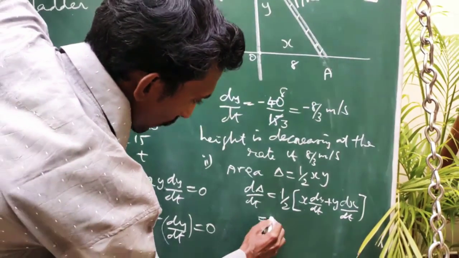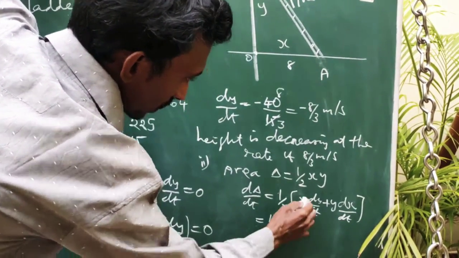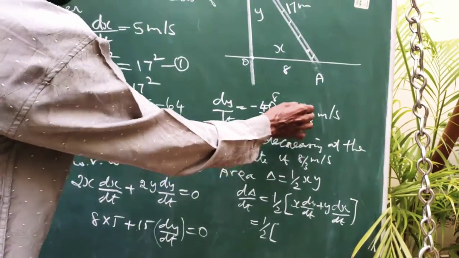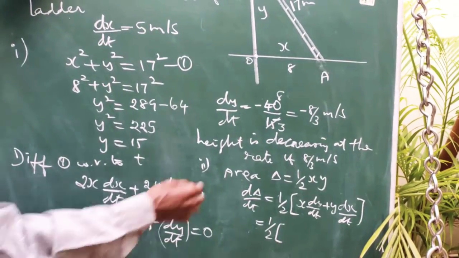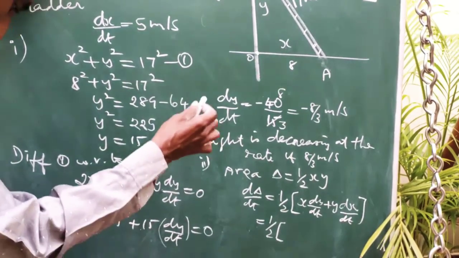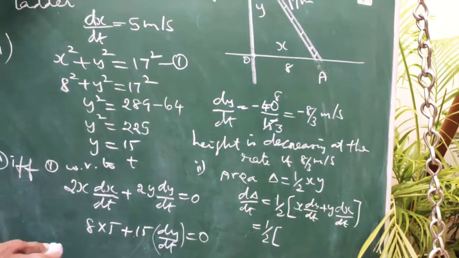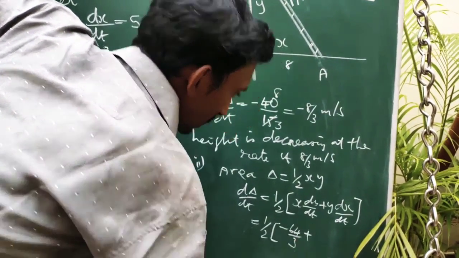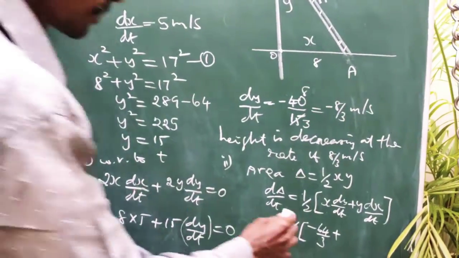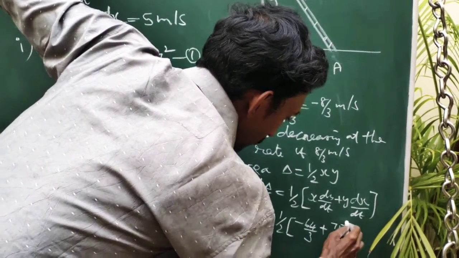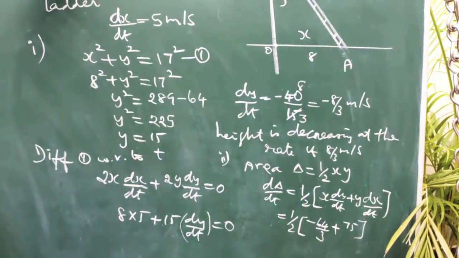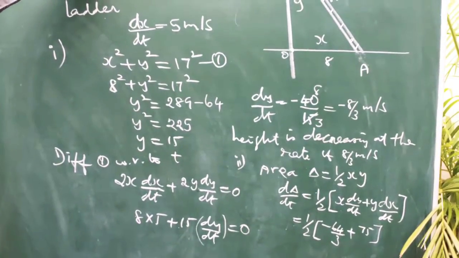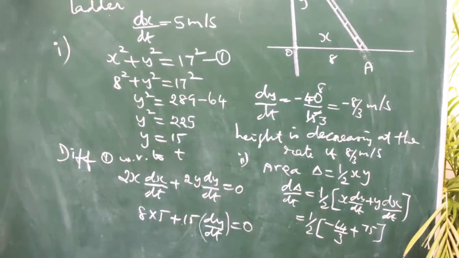So put all the values in the right hand side. We get 1 by 2 into 8 into minus 8, so minus 64 by 3, plus 15 into 5, which is 75. So 1 by 2 into minus 64 by 3 plus 75.